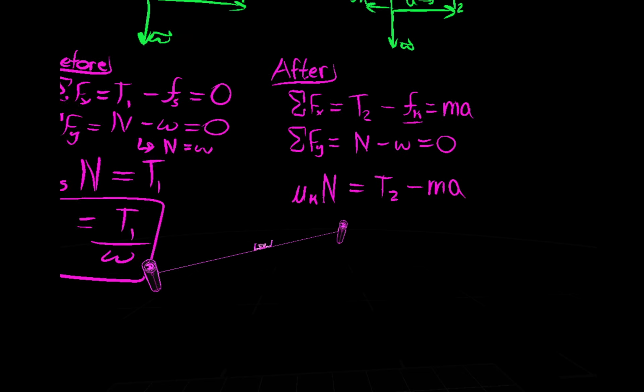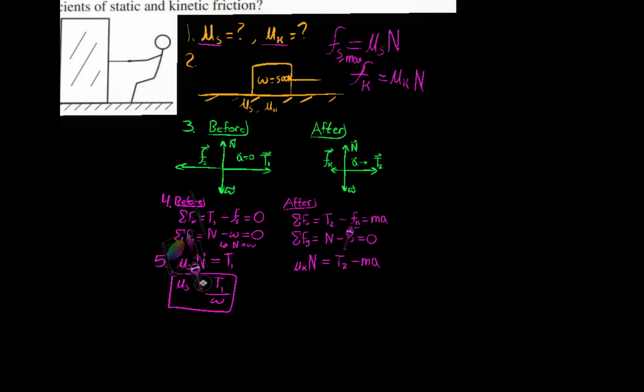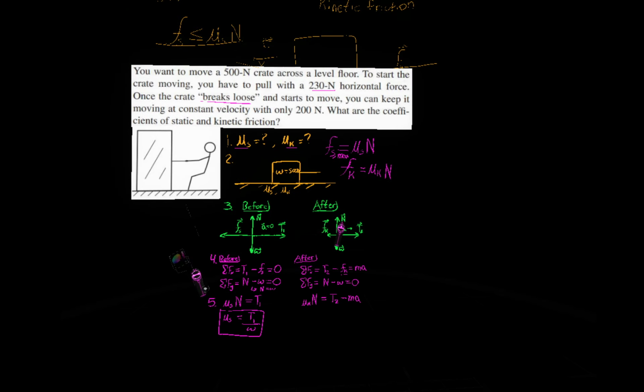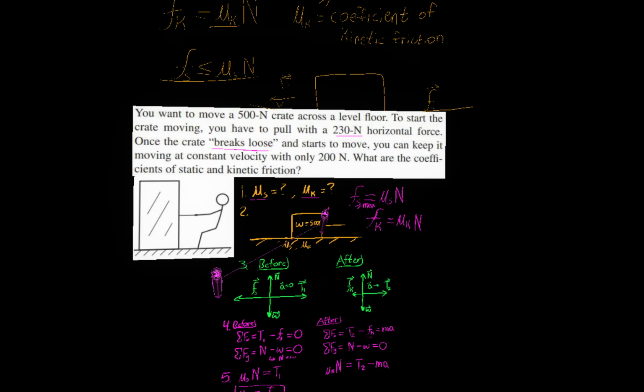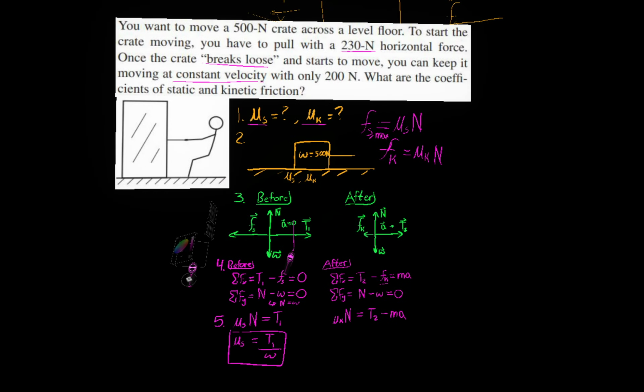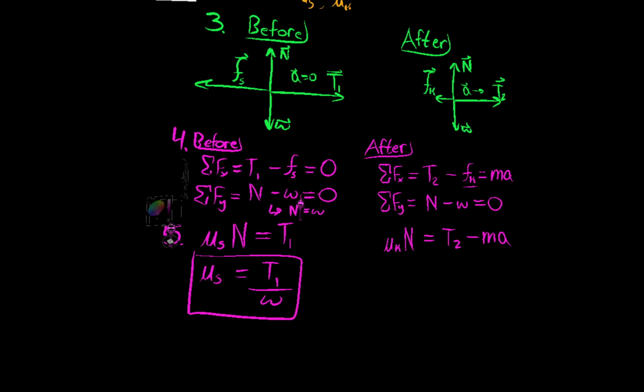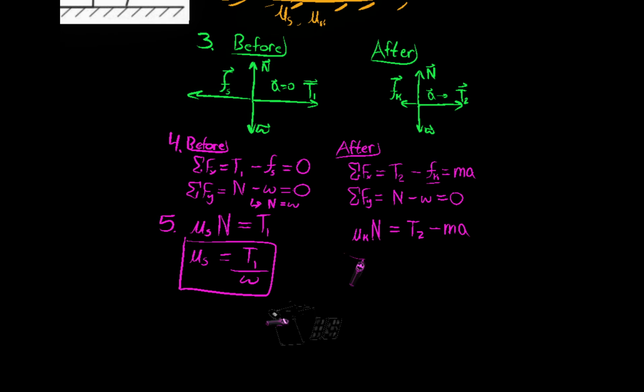Oh, I said it was equal to MA, but when it starts to move, you can keep it moving at constant velocity. So I made the mistake of thinking we were in Newton's second law realm, where it has an acceleration, but it does not have an acceleration. It's constant velocity, which means acceleration is 0. So that should have been 0. And so now that simplifies things here.